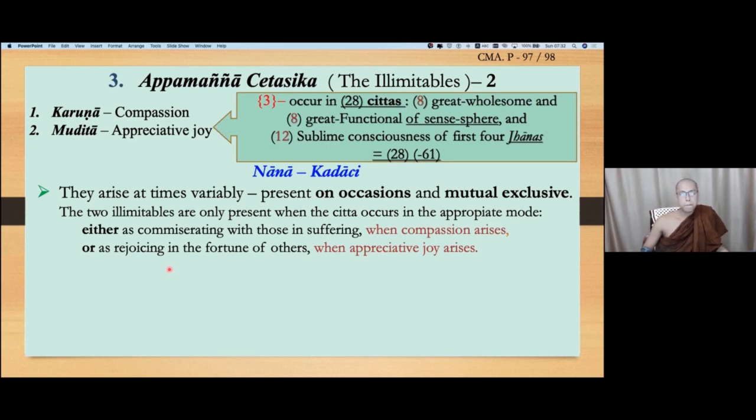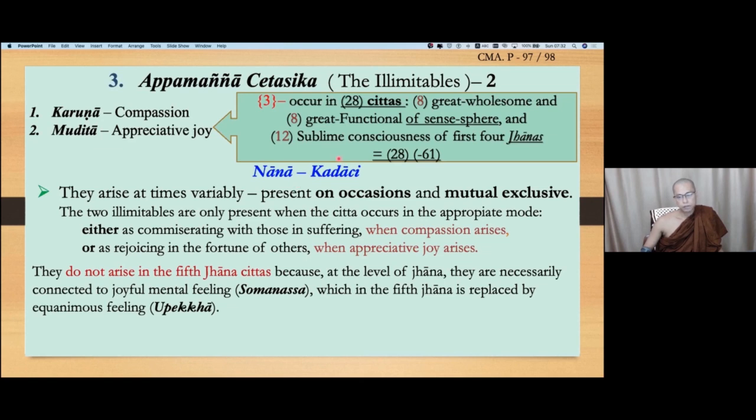That is why they have different natures according to the different objects, and they cannot arise together. When the compassion arises, appreciated joy cannot arise. When the appreciated joy arises, compassion cannot arise. They cannot arise at the same moment. That's why they are also regarded as nana and karaji.